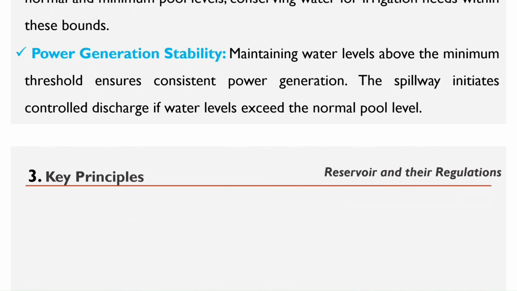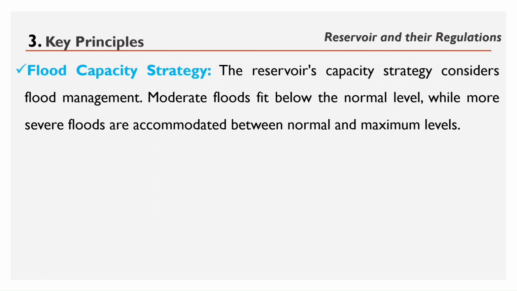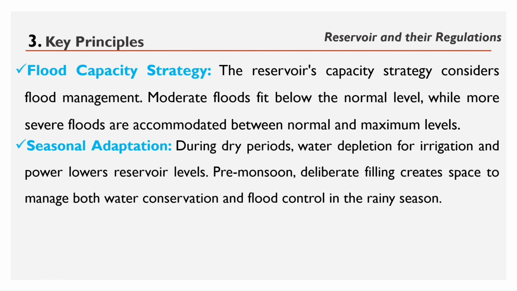Flood capacity strategy: the reservoir's capacity strategy considers flood management. Moderate floods fit below the normal level, while more severe floods are accommodated between normal and maximum. Seasonal levels adaptation: during dry periods, water depletion for irrigation and power lowers reservoir levels.